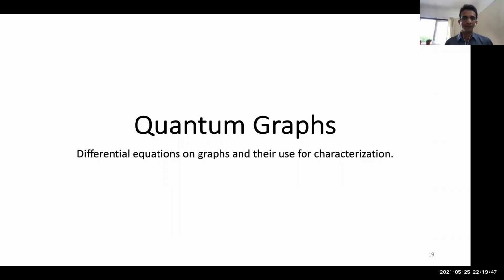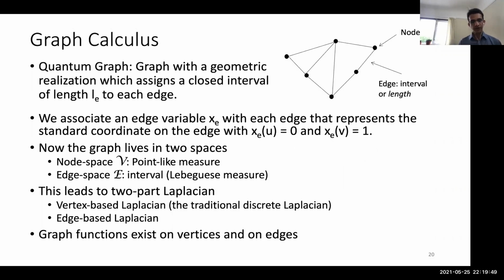So what is a quantum graph? A quantum graph is a metric graph which is equipped with a differential operator and suitable boundary conditions. Each edge of a quantum graph is assigned a real length.